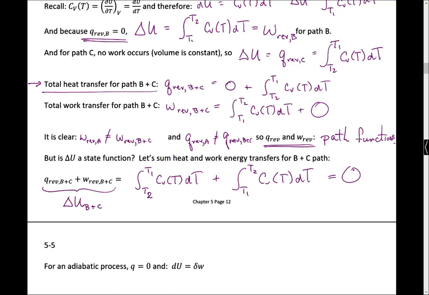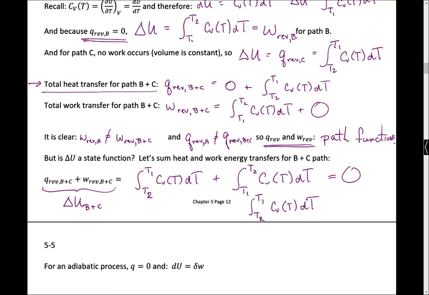Now, just in case you didn't see that, I'm going to change the limits. Instead of going from T1 to T2, I'm going to go from T2 to T1, the integral of Cv T dT. To make that equal to this term, what do I need to do?